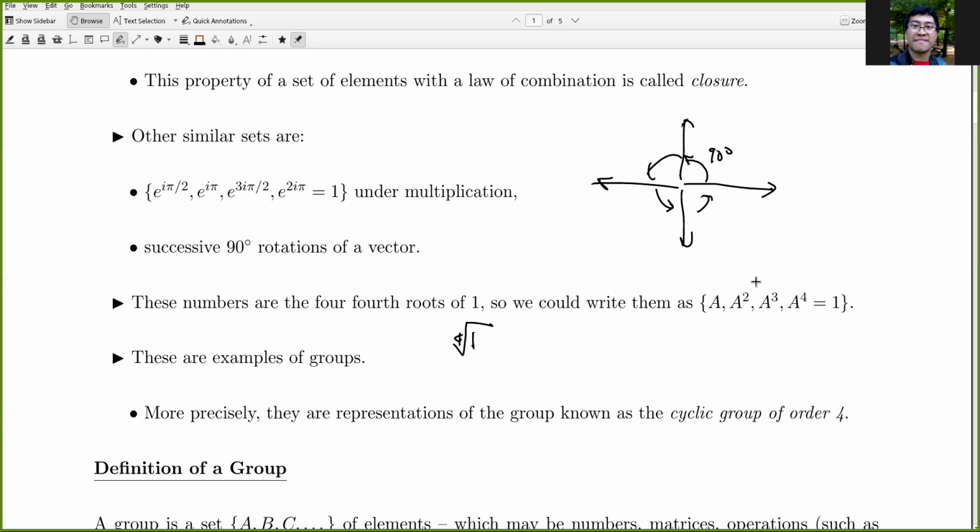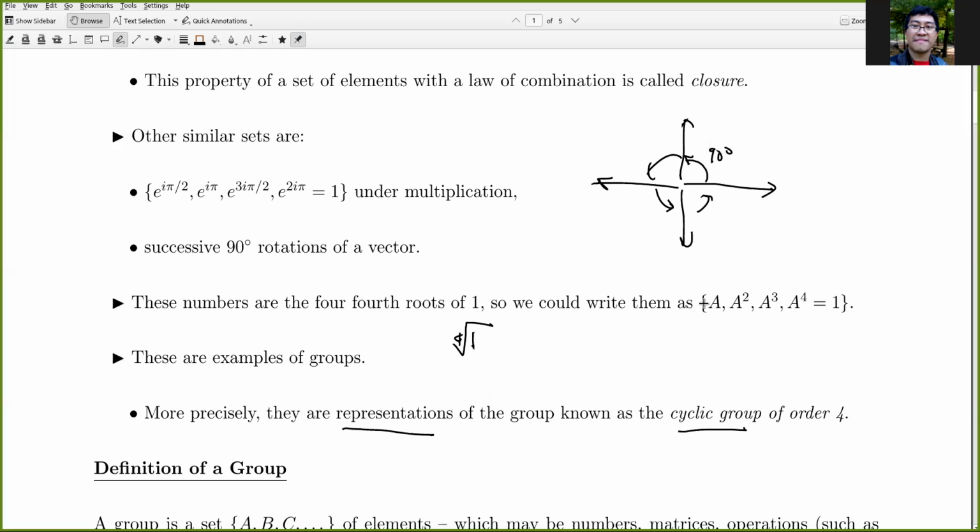So this constitutes a set, and these are examples of groups. The different sets here, which are similar to this, are examples of groups. More precisely, these different numbers or operations that we've shown are representations of the group known as the cyclic group.